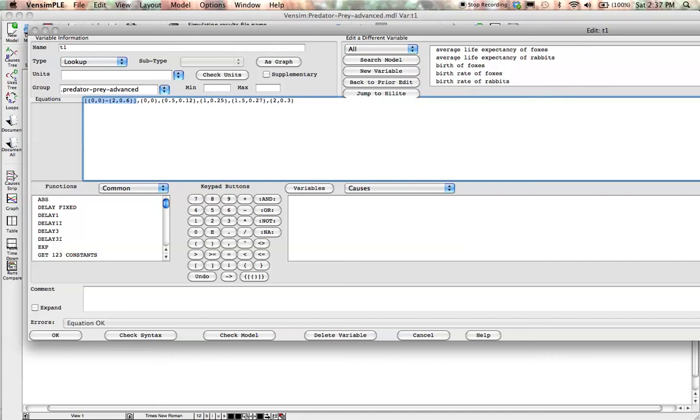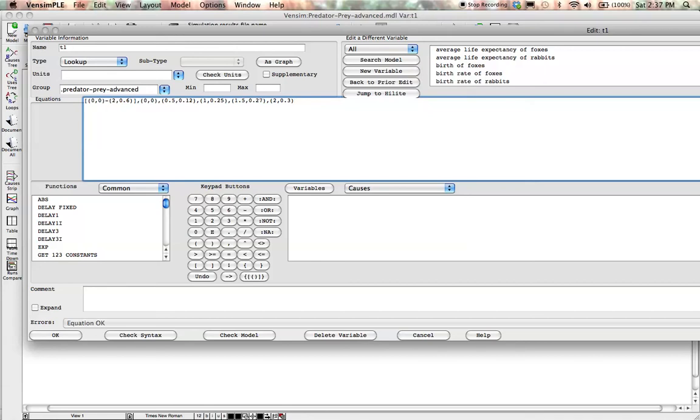And then the T1, the growth of foxes, is somewhere between 0 and 0.6. If you look at the values, and these are actual values: 0, 0.5, 1, 1.5, 2, and then for the growth rate, 0, 0.12, 0.25, 0.27, 0.3.